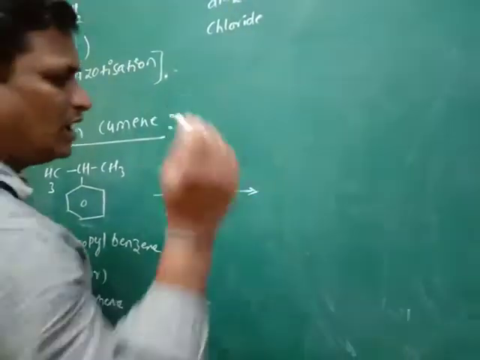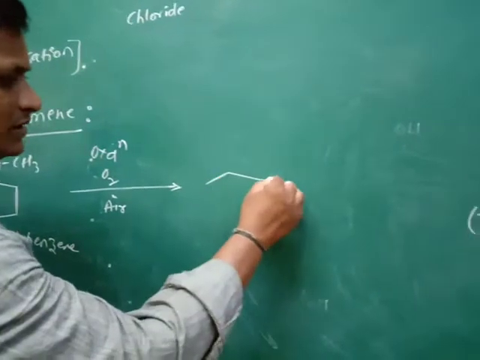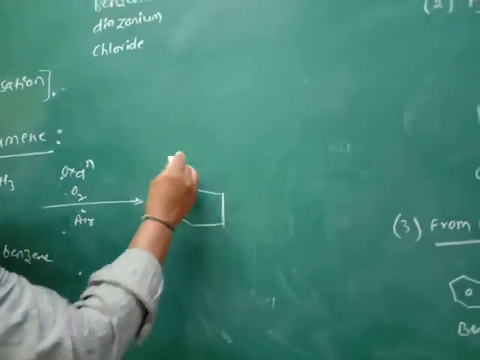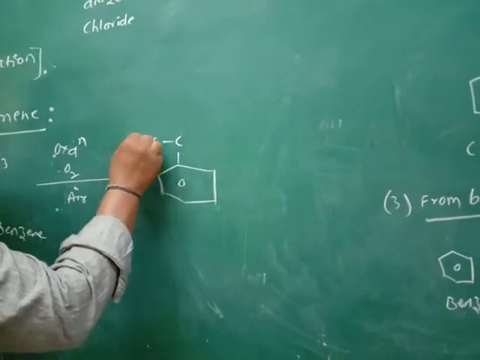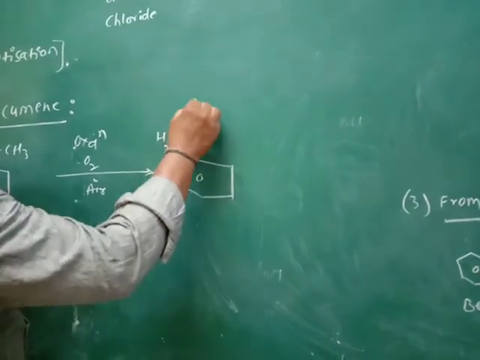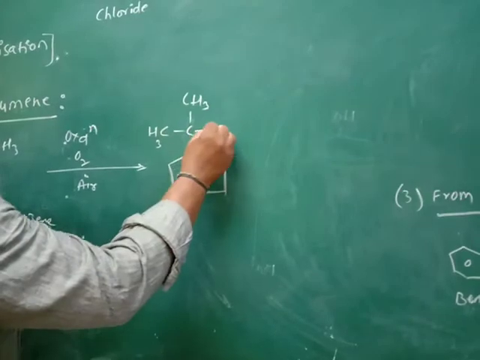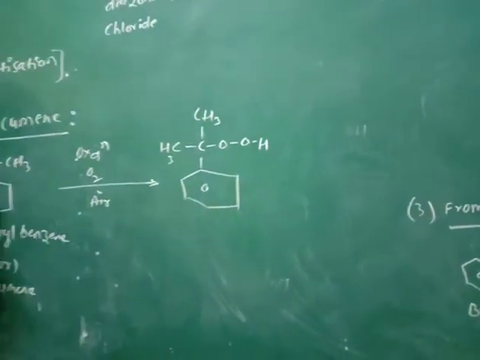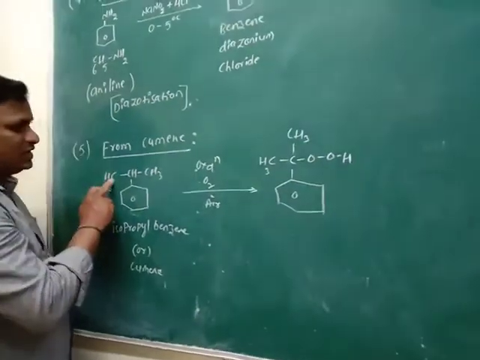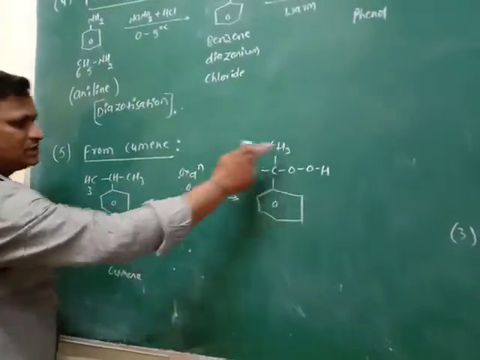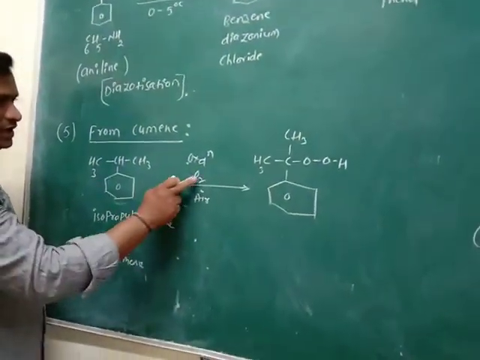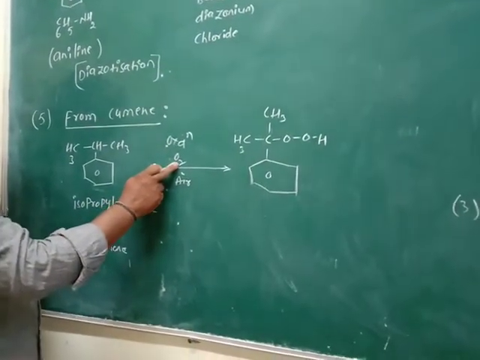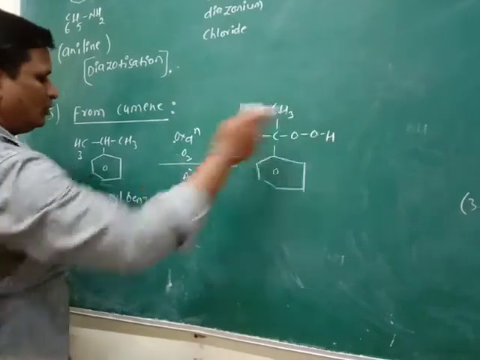The obtained compound has C with CH3, CH3, and O, O, H on benzene, that is COOH.